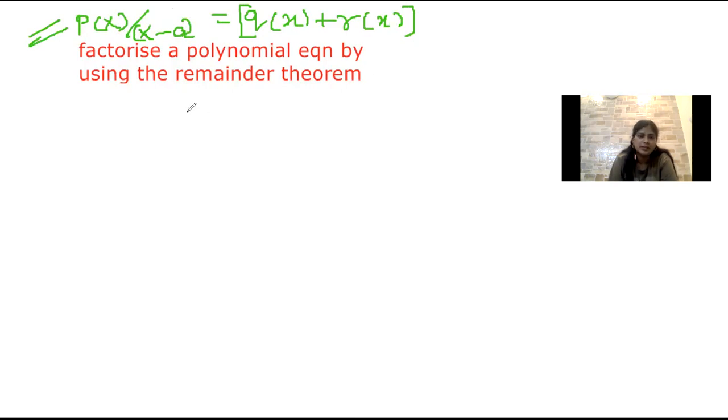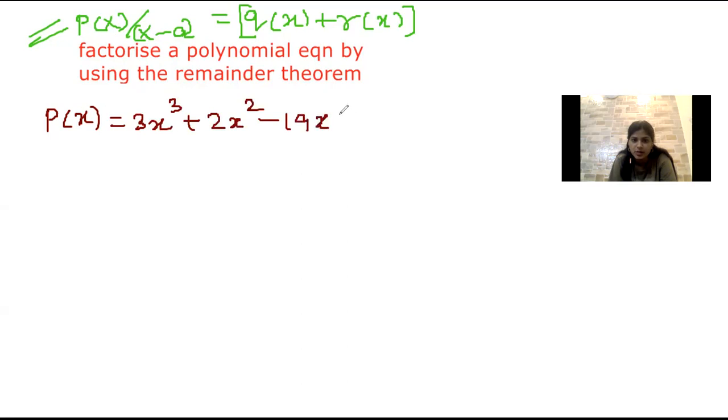The question will be like this. They'll give you a polynomial equation, and I'm going to solve a question from the ICSE board 10th standard book. That is 3x cubed plus 2x squared minus 19x plus 6. So you're going to solve this P of x. Before solving it, if you look at the question, there is no divisor. There is no factor in the question. So step one is you have to find the factor, which means x minus a.